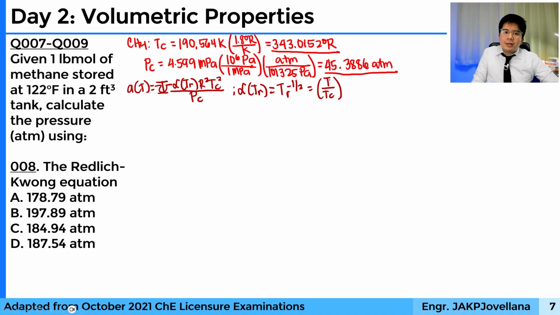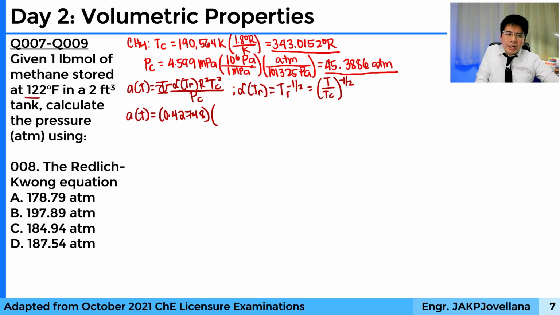So alpha of Tr for Redlich-Kwong is T over Tc raised to negative 1/2. Substituting all the values for the Redlich-Kwong equation, A of T is equal to the value of psi for Redlich-Kwong, which is 0.42748, and then alpha is equal to T over Tc.